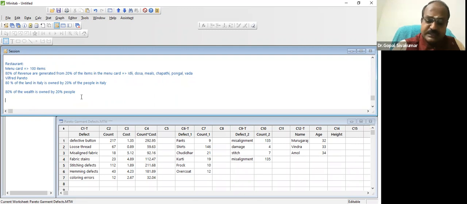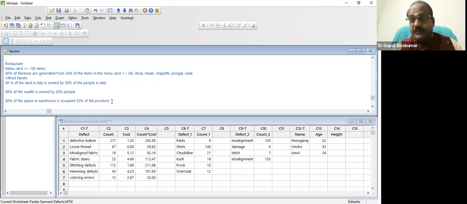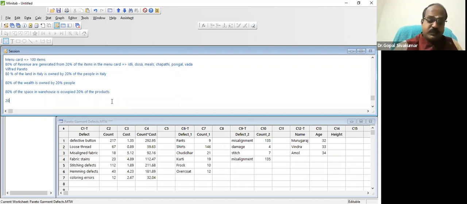So likewise, you can write many statements. 80% of the space in warehouse is occupied by 20% of the products. Am I correct? Similarly, in your company also, 80% of the revenue is generated from 20% of the products. 20% of the employees are responsible for 80% of the results. Am I correct? Is it true?